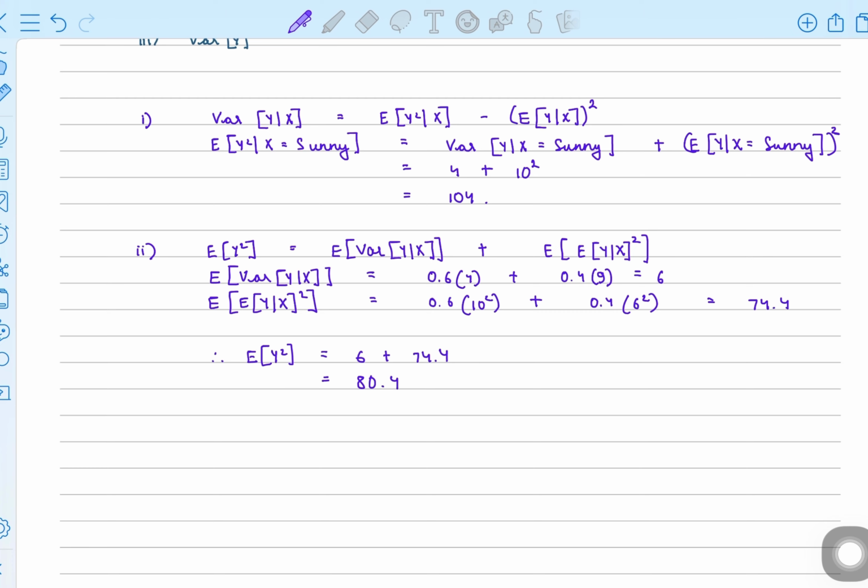To calculate the expectation of y square, we calculate both of the elements involved separately, and then we add both of them to obtain our final answer.